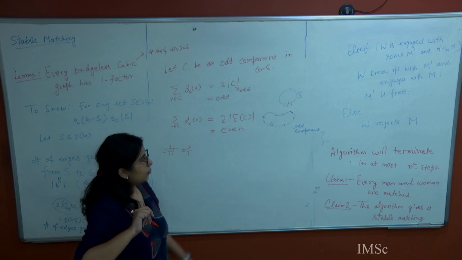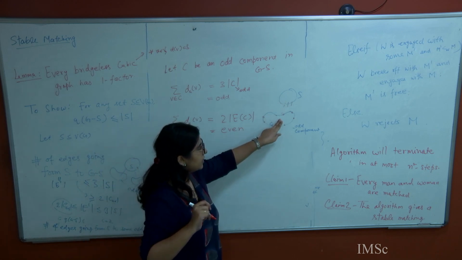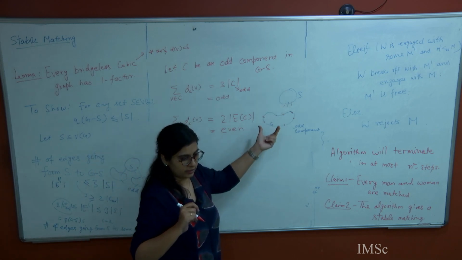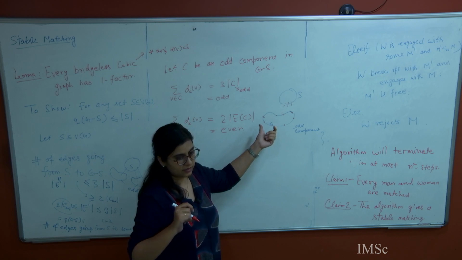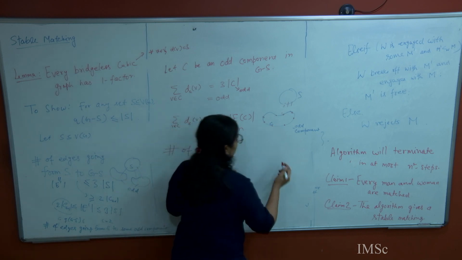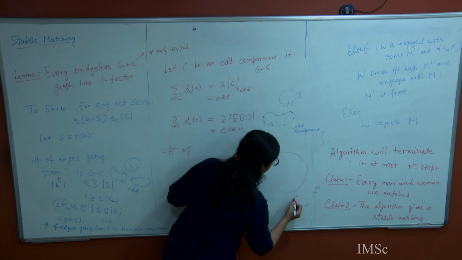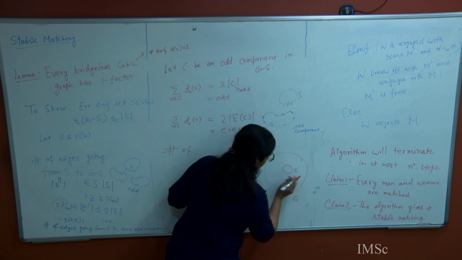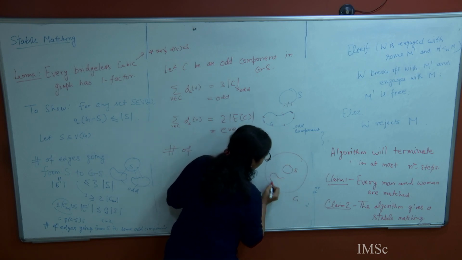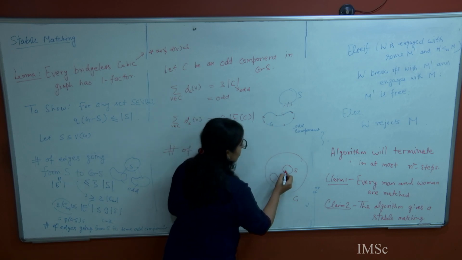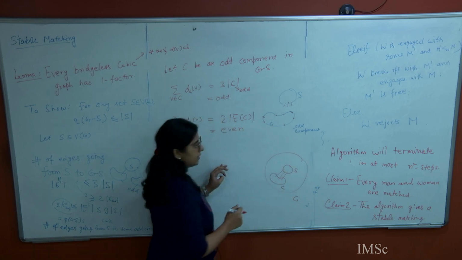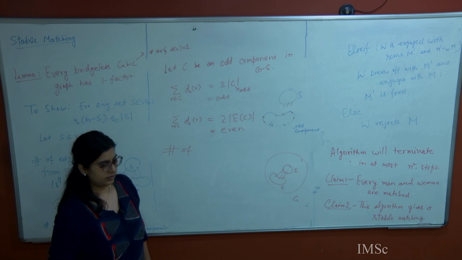Not other connected components, because outside C it can have edges only to S. How? Because you had some graph G, we chose some S, and after removing S we got this C. Okay, yeah, got it. So you have edges only between S and C.